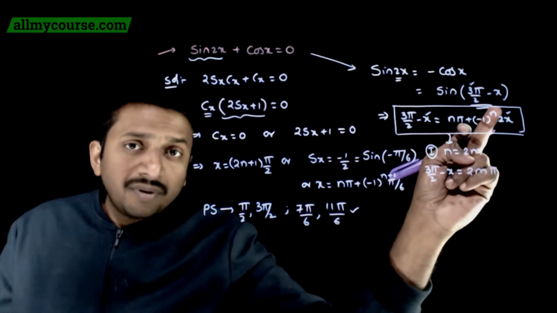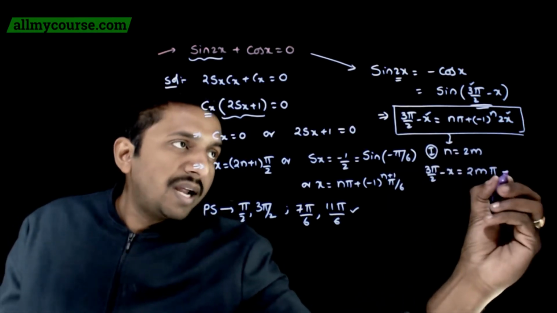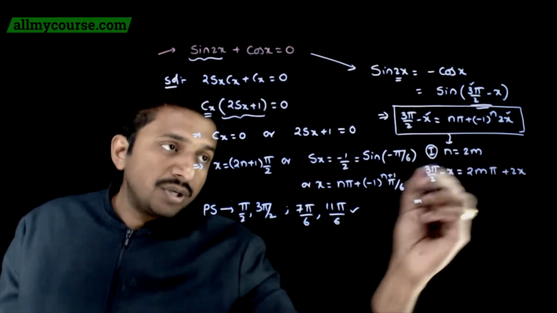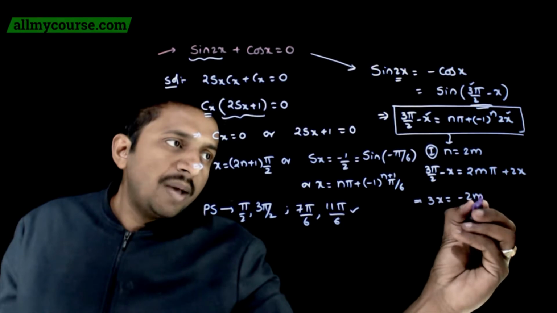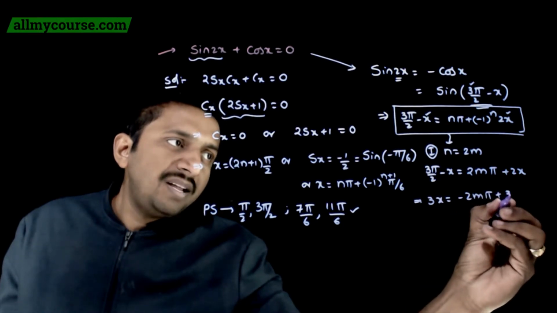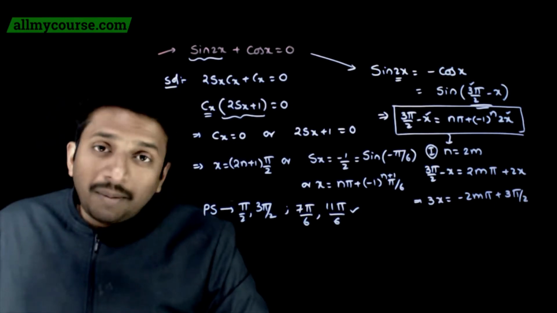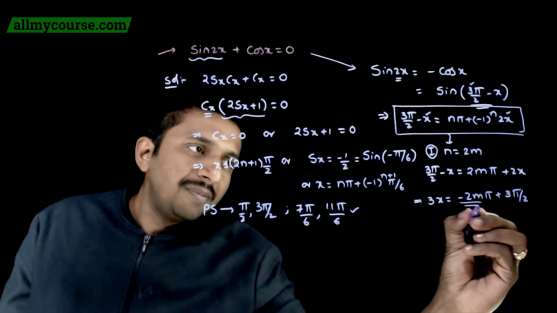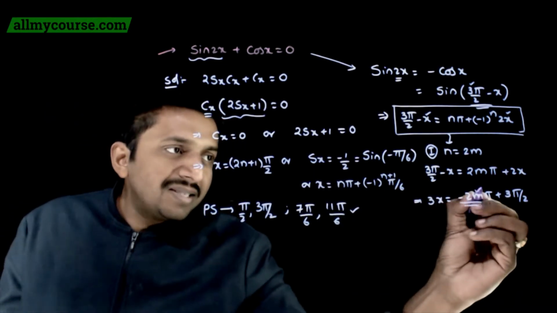If n is of the form 2m, minus 1 whole power 2m will be plus 1. So you get plus 2x. So this implies if x goes onto that side, 3x is equal to minus 2m pi plus 3 pi by 2. This minus 2m can be written as plus 2m, doesn't really matter, because m is an integer.